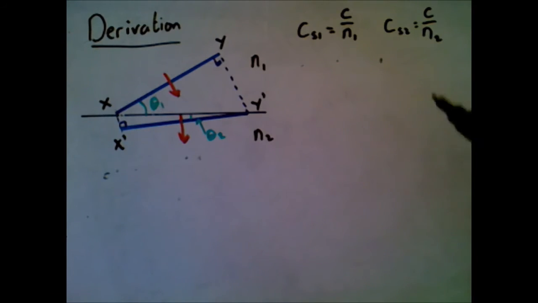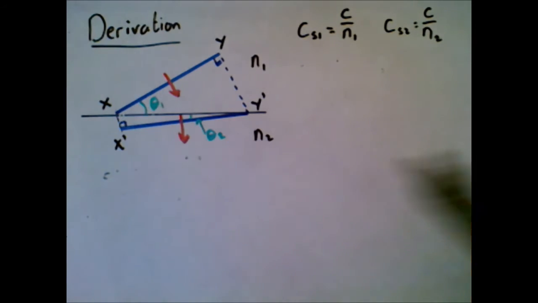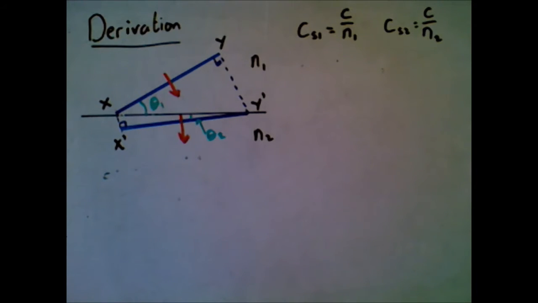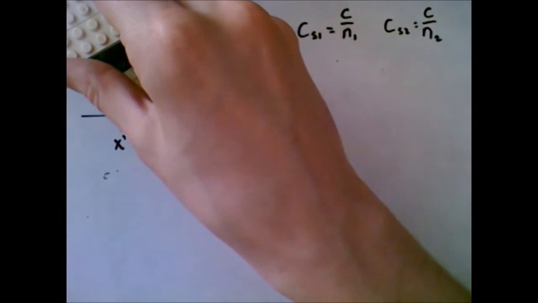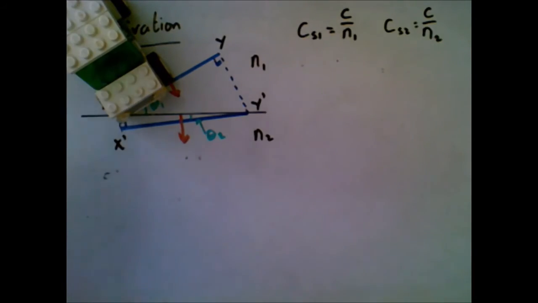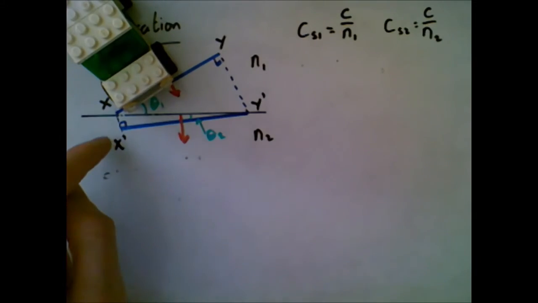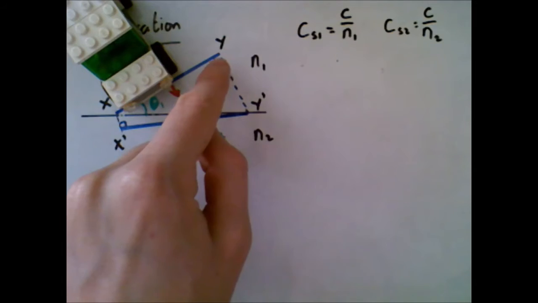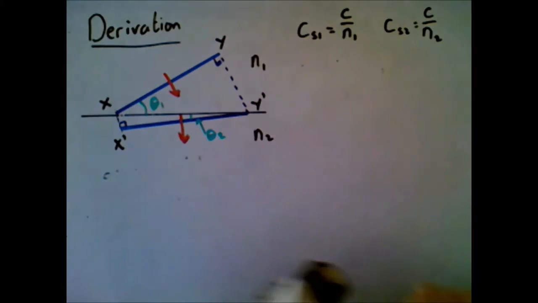All right, now we can also say, let's just imagine what's happening in the time it takes the wave at x to move to x prime. Going back to our truck, this is sort of the case where this wheel has hit the new material. And in the time it takes this wheel to go from x to x prime, this other wheel has gone from y to y prime, because of the two points that we've picked.